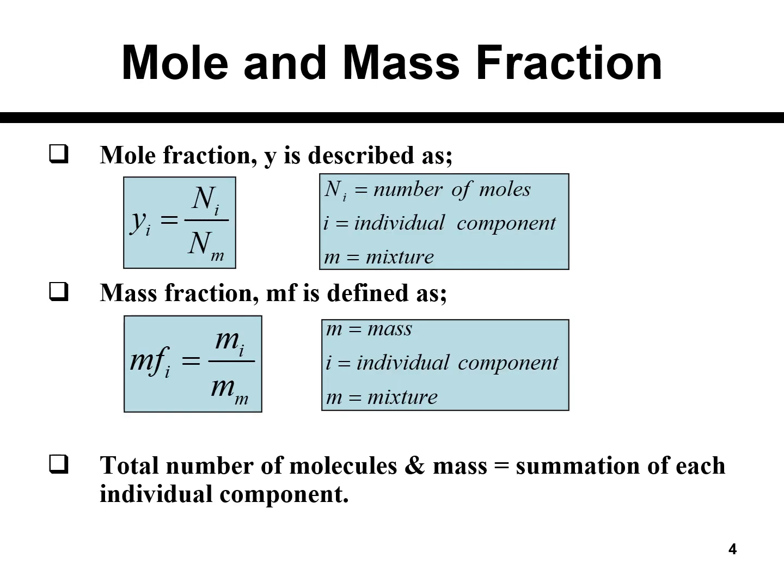The mole fraction can be analyzed by calculating Y, which describes the ratio between the number of moles of the individual component, i, and the number of moles of the mixture, m.